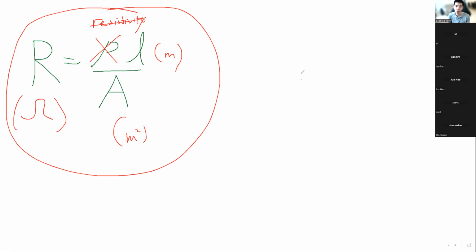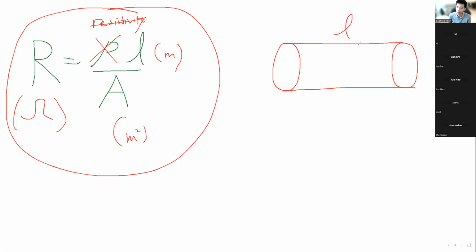Let's say, for example, I have a wire of a certain length, and then they'll say that it is a certain area. For ease of calculation, let's say this wire has a resistance of 10 ohms.